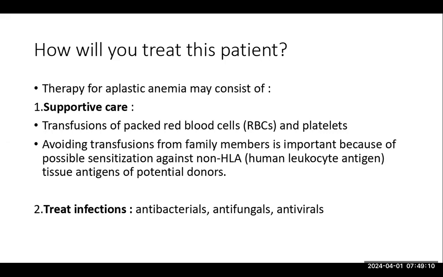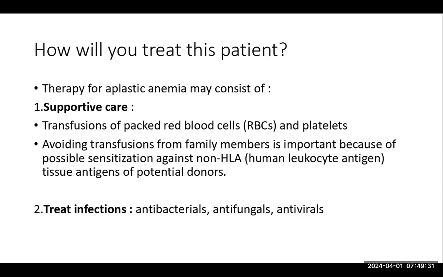She will need supportive care with transfusion of packed red cells and platelets. But it's important to avoid transfusion from family members because of possible sensitization against non-HLA tissue antigens of potential donors that could come from the family members.